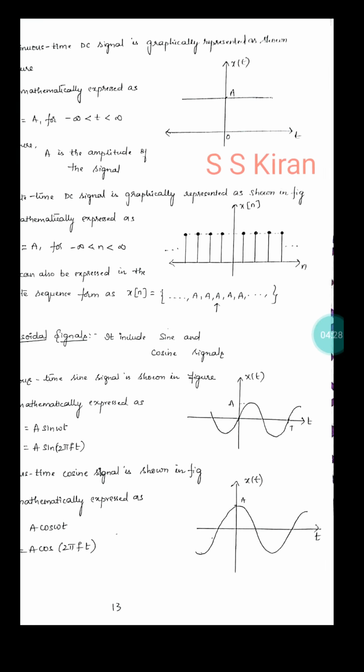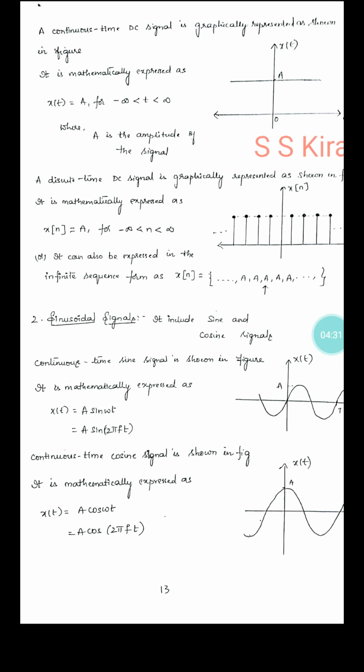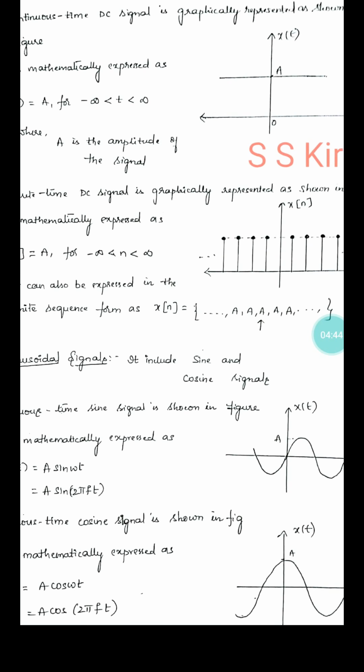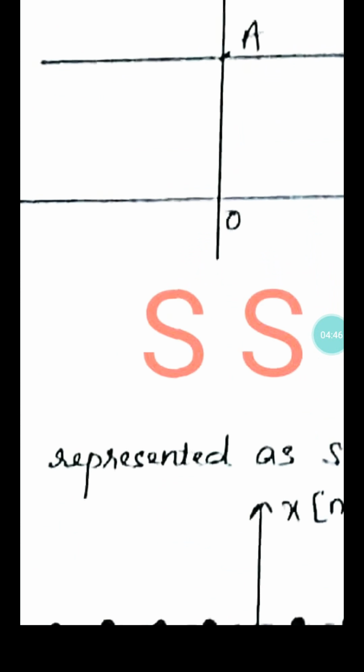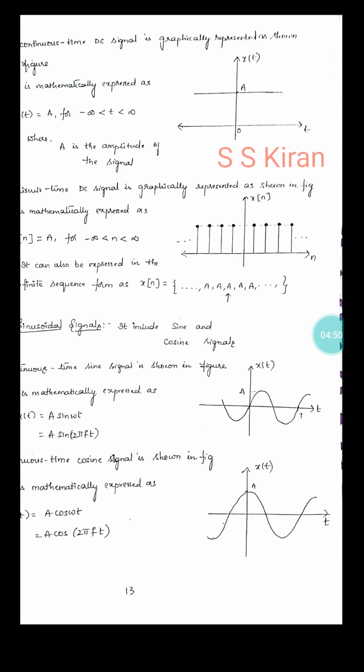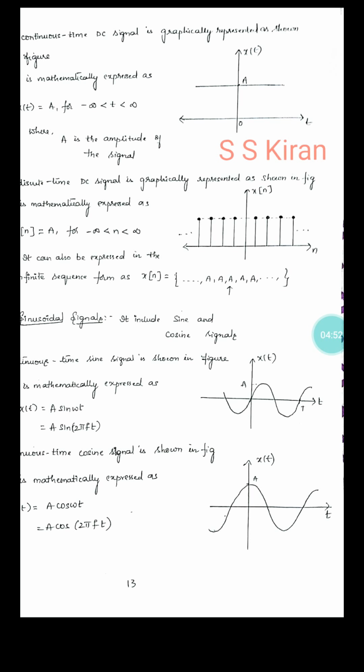So the function is x of t equal to A for minus infinity less than t less than infinity, where A is the amplitude of the signal. I think this is very clear. This is the DC signal for continuous time.